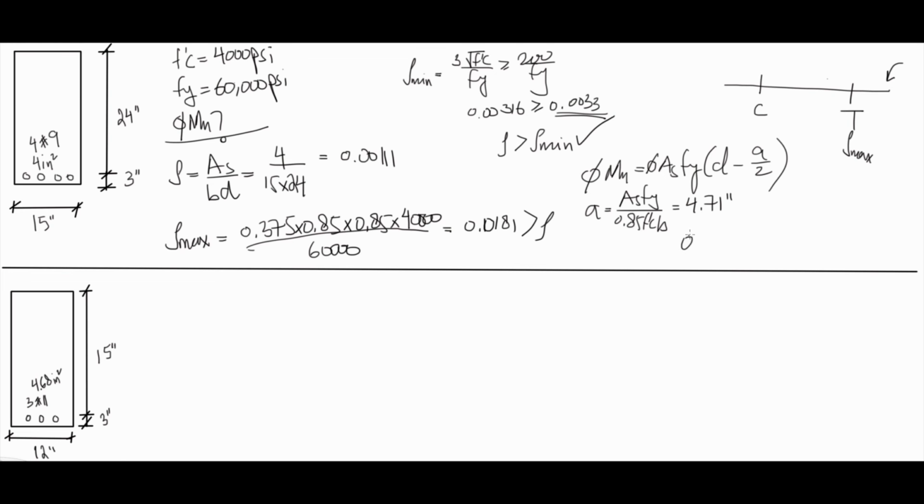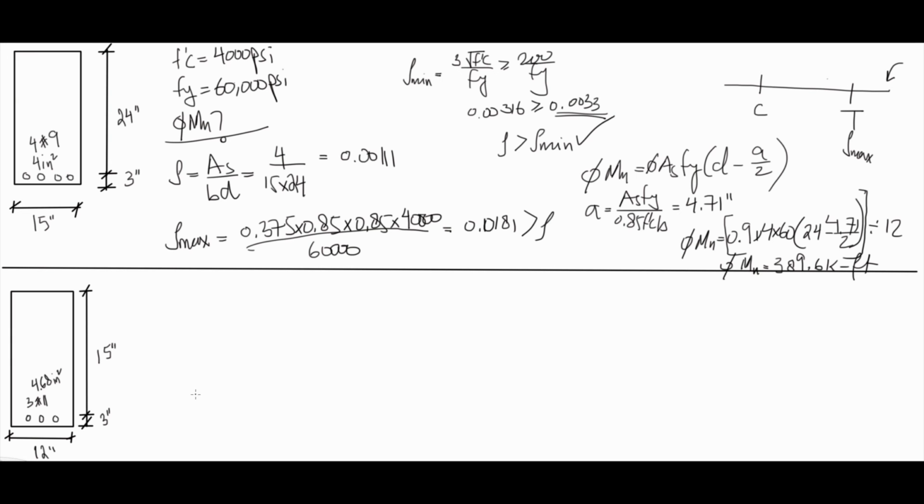Plug it in this equation, so phi Mn will be 0.9 multiplied by As Fy, which is 4 times 60, times D minus A over 2, right? And then divide the whole thing by 12, so you will get it in feet. Finally, phi Mn is 389.6 k-foot. Great. That's great.